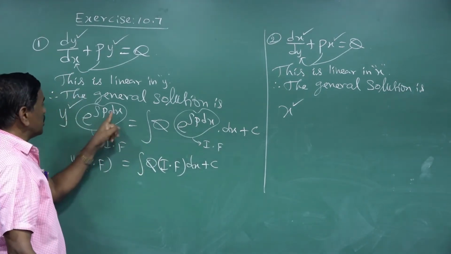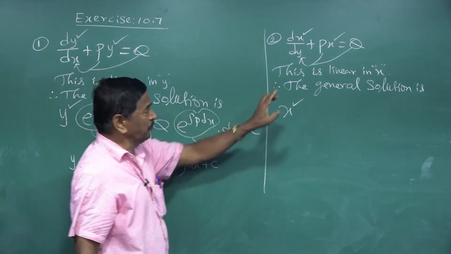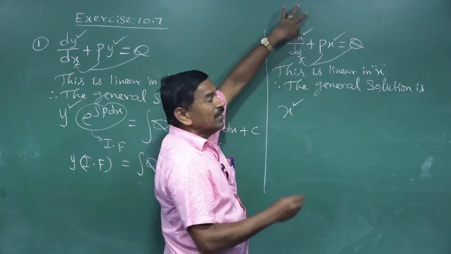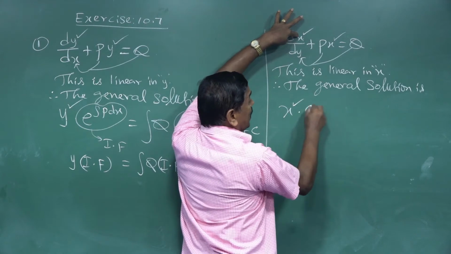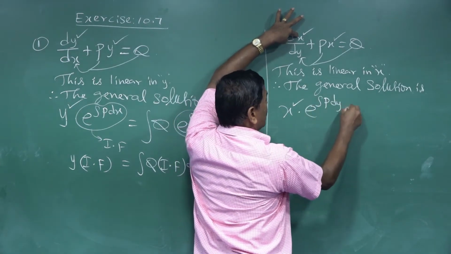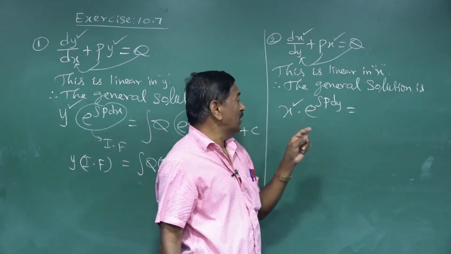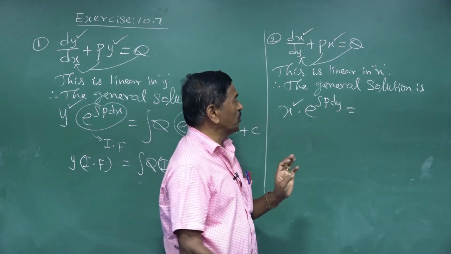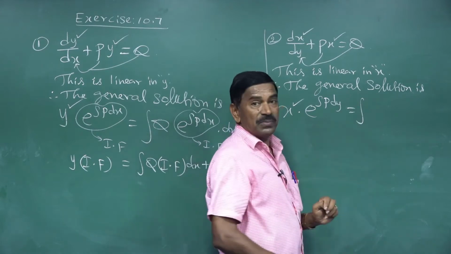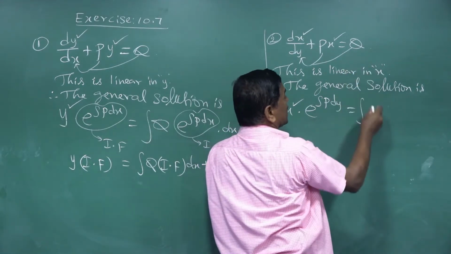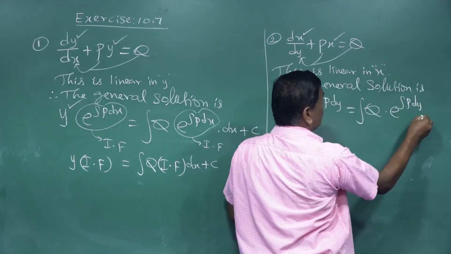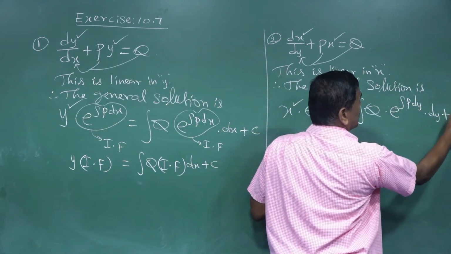So x into e power integral p dy. Yes, your answer is correct. Here, listen to the technique: x opposite dy. Integral, the right hand side is q. So q into the same e power integral p dy into dy plus constant c.